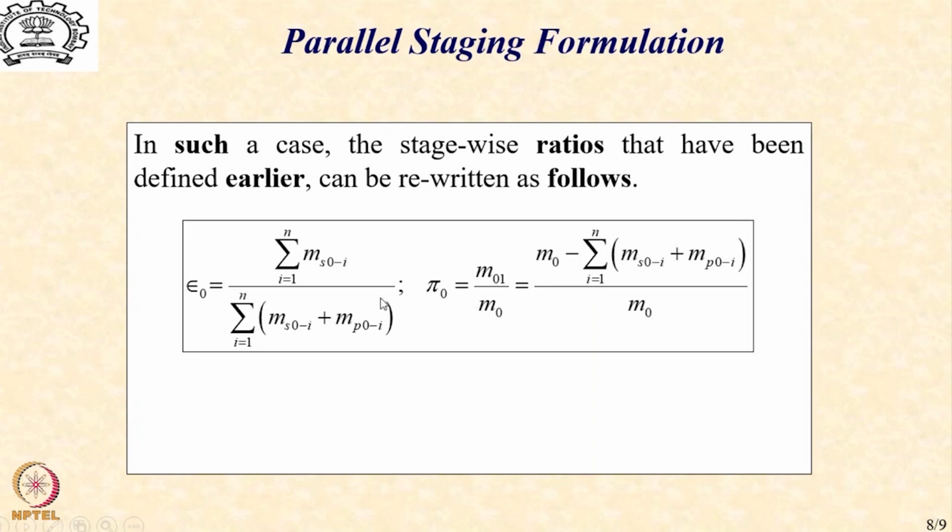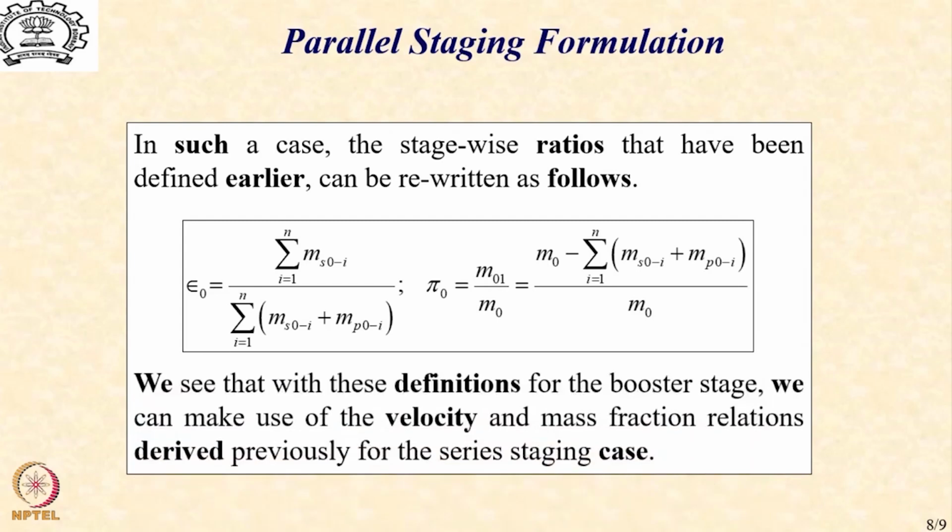In this manner, we can obtain the parameters epsilon naught and pi naught, which can then be directly used in the design expressions for multi-stage rocket that we have seen for the optimal as well as the approximate staging solutions derived earlier. And with this, we can make use of the velocity and the mass fraction relations as they have been derived even for the parallel staging context.